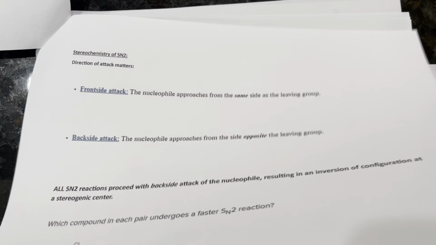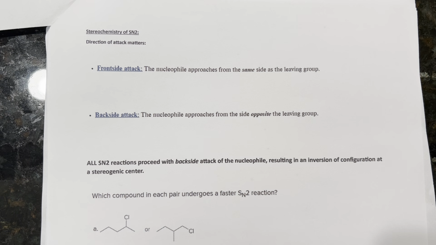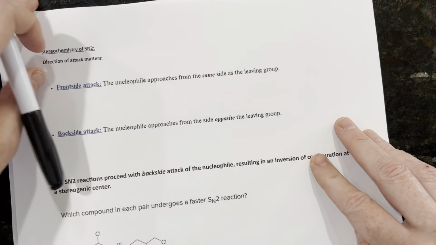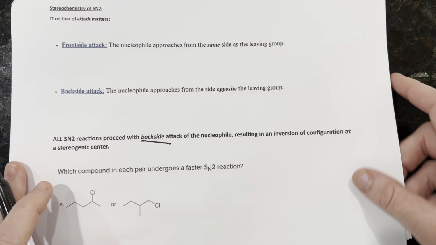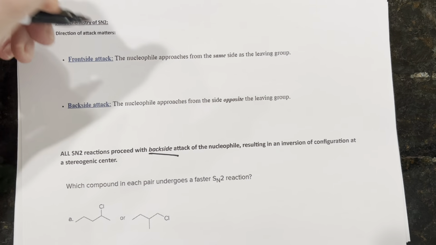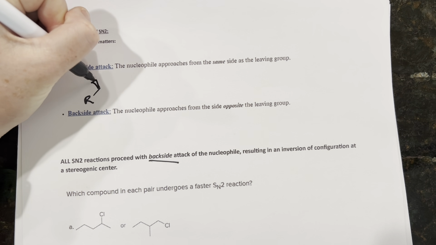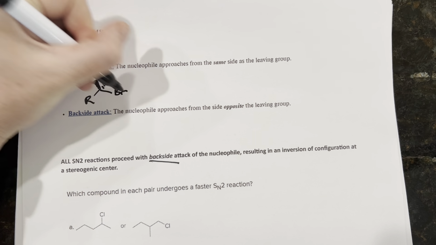All right, the direction of the attack matters when we're talking about SN1 and SN2 reactions. So I'm just going to give you some examples, even though you have the answer right here that SN2 only works with a backside attack. So if we had a front side attack, let's talk about what that would look like. Let's say you have some R bonded to a methyl group on a wedge, a hydrogen there and a Br there.